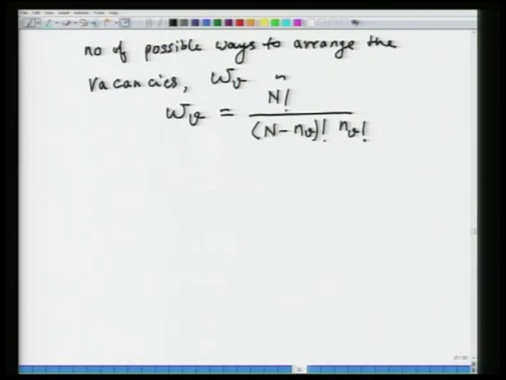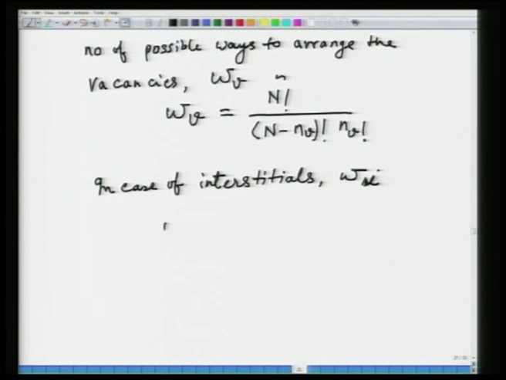Now, similarly, what is the number of possible ways to arrange the interstitials? So, in case of interstitials, we can define this as Wi, and this Wi is again given as, since you have similar number of interstitials and vacancies, this would be N factorial divided by capital N minus Ni factorial multiplied by Ni factorial.